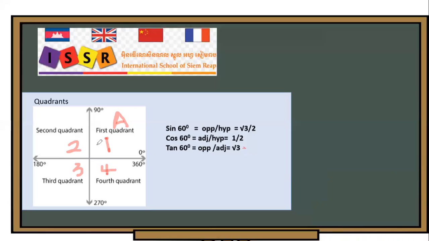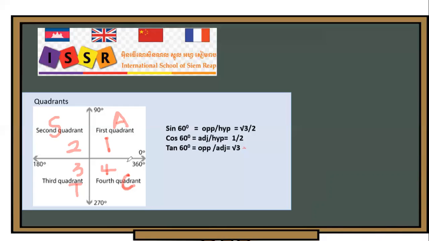Now, when an angle is more than 90 degrees, I'm going to write the acronym that I was taught by my teacher when I was at school. He used to say CAST. It's very easy.